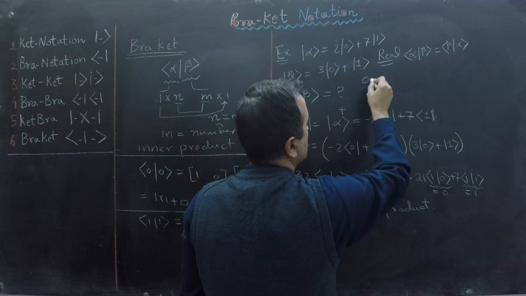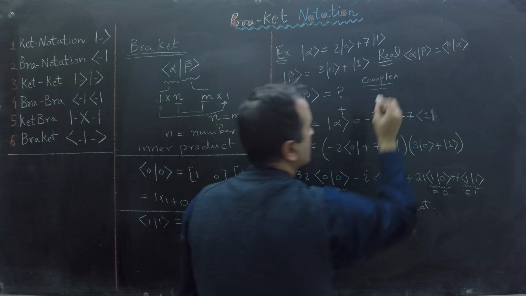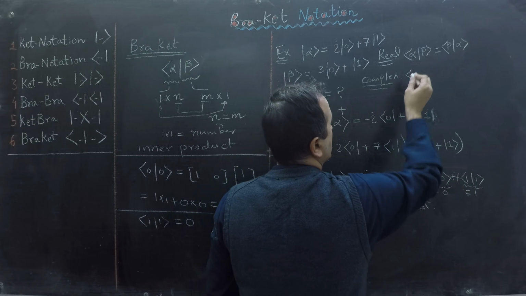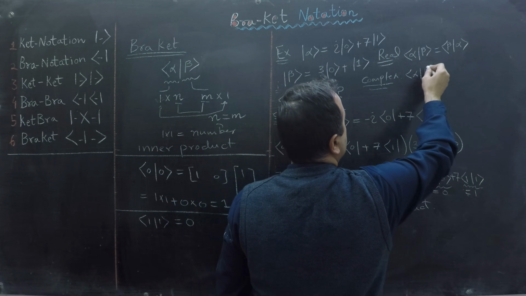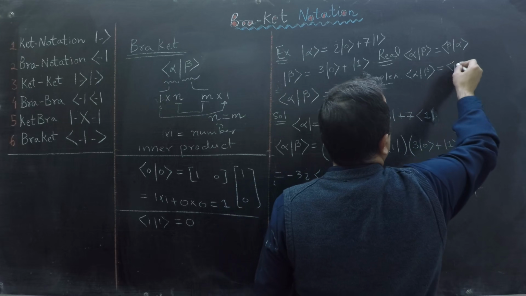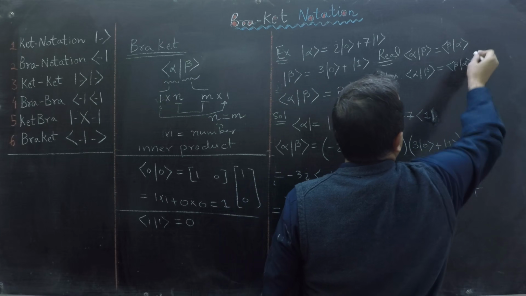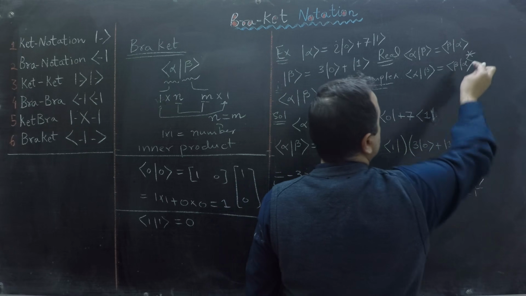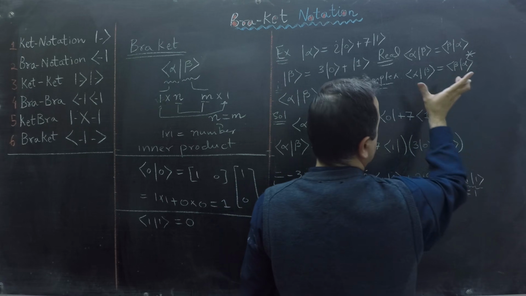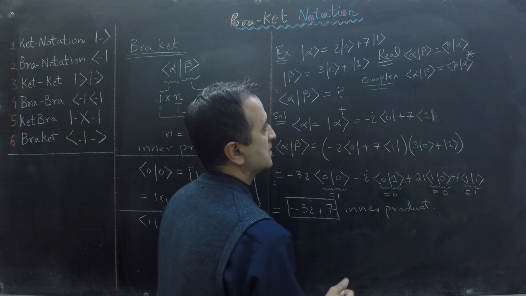Otherwise, for complex numbers, bra alpha ket beta is equal to the conjugate of bra beta ket alpha. So I must calculate the conjugate, otherwise the right hand side and left hand side will not be equal to each other.